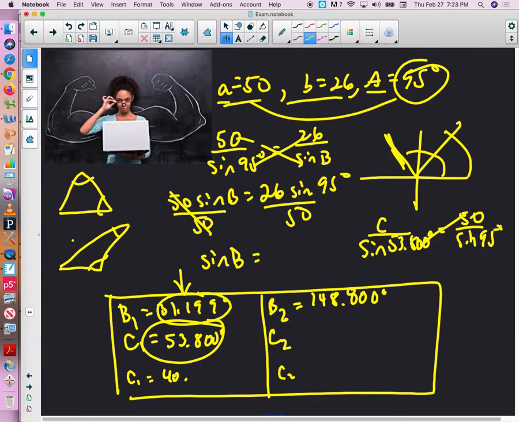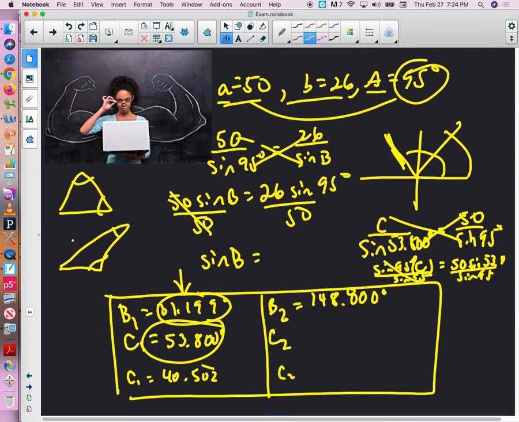When I cross multiplied, I would have sine 95 times c equals 50 times the sine of 53.8, and then divide by the sine of 95. That's what I did on my calculator.